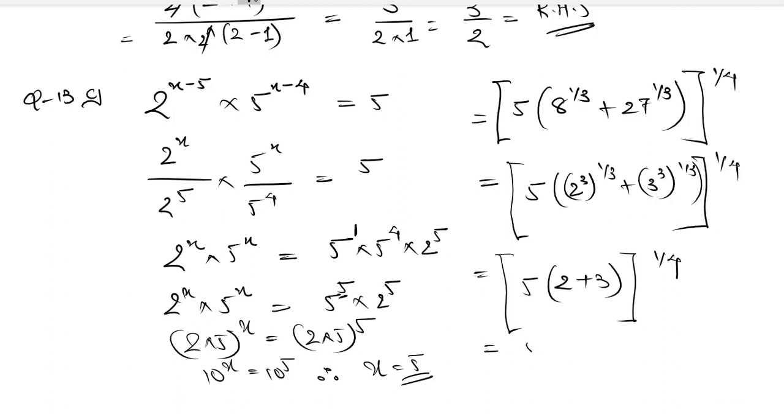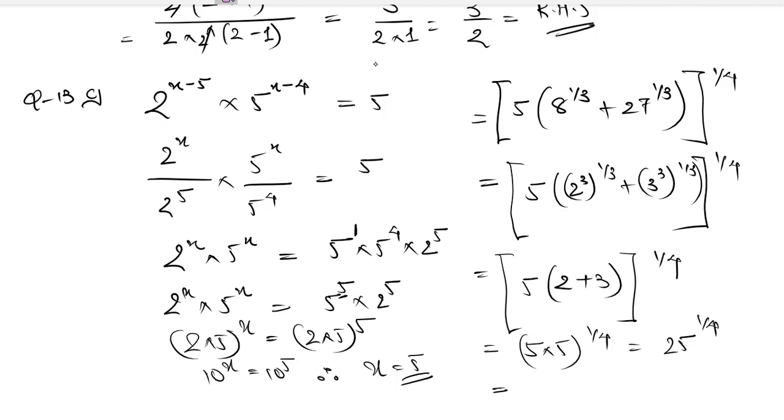So this will be 5 into 5 raised to 1 by 4, that is 25 raised to 1 by 4. Okay, so 25 is 5 square.